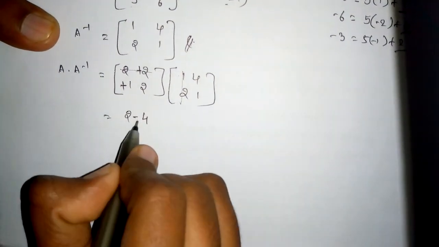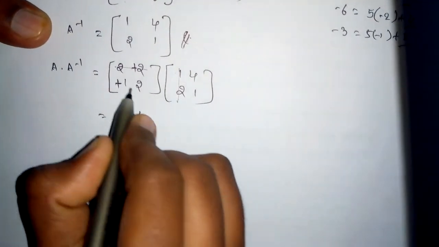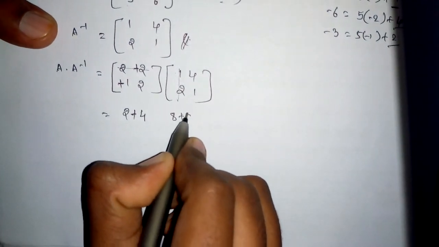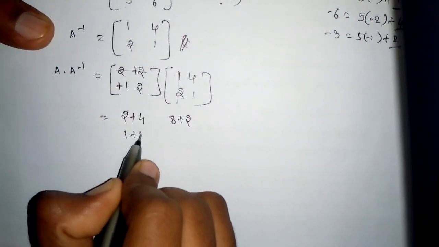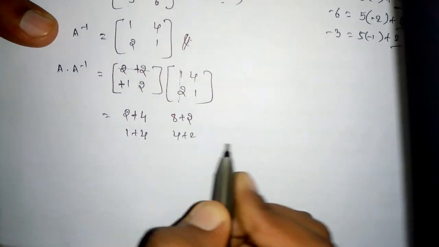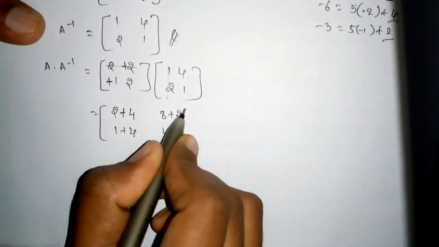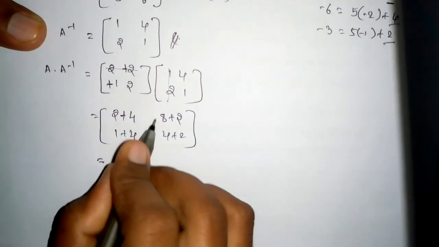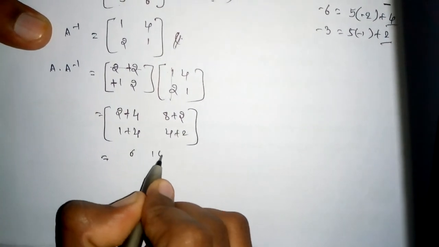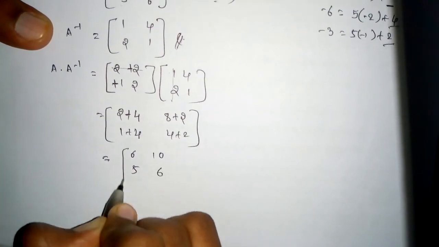Then it will be 2 plus 4, and then doing the remaining things, 8 plus 2, and then 1 plus 4, and then 4 plus 2, that is 1 into 4 plus 2 into 1. This is the matrix. If you solve this, we will get 6, 10, 5, 6.